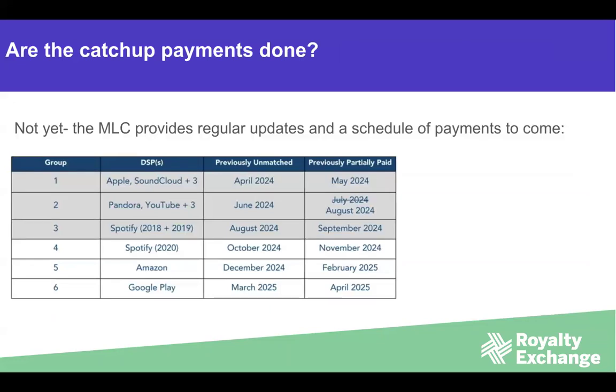This is from the MLC's website. They do provide regular updates to their users, payees, etc., about what's going on. So basically, every month they address a new portion of the back pay royalties to then pay out. So there is still quite a bit coming, and this is just for the majors. It doesn't even include all the derivative DSPs that are out there, which I think there was something like 23, maybe, who all owed payments. So there's still a lot more to come.